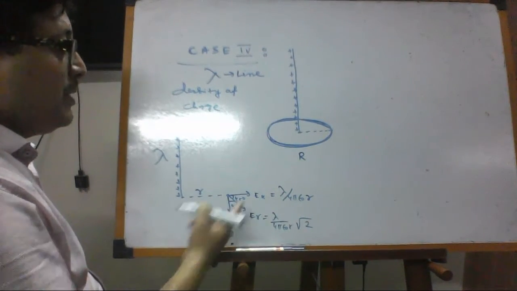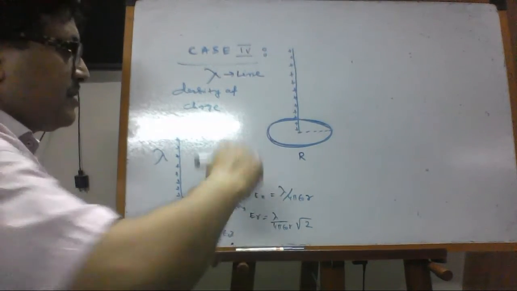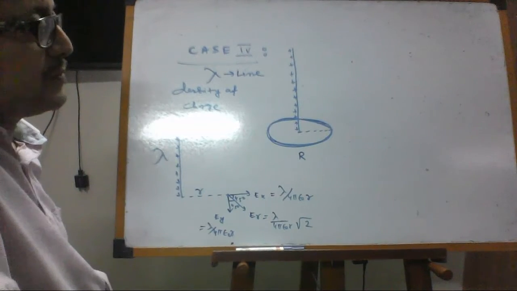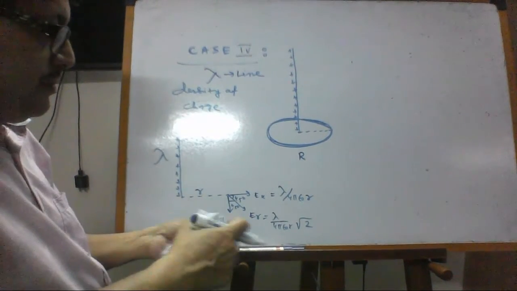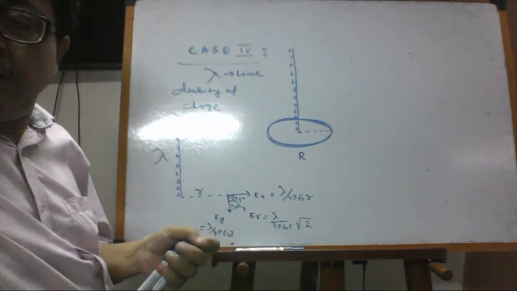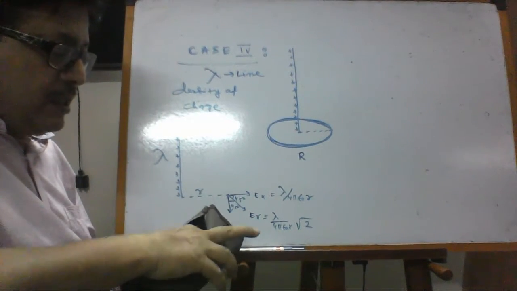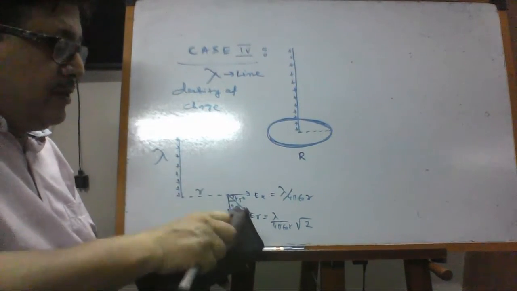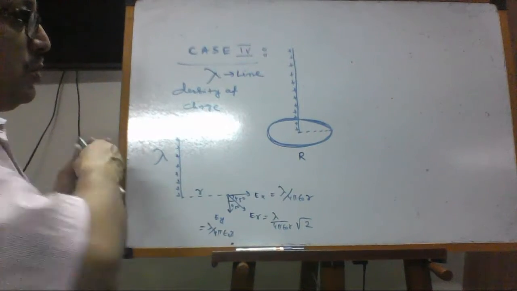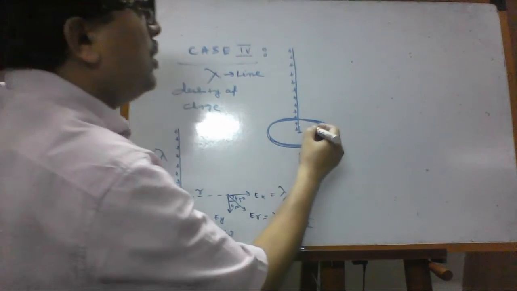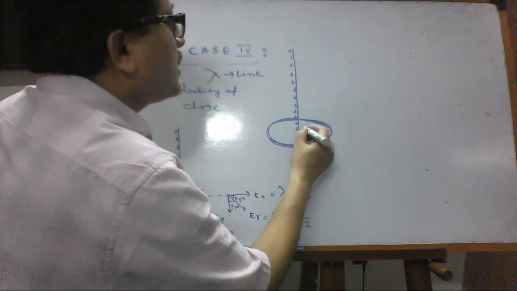So what will be the flux through this circle area? What we have to do here is first find the flux through this circular area.